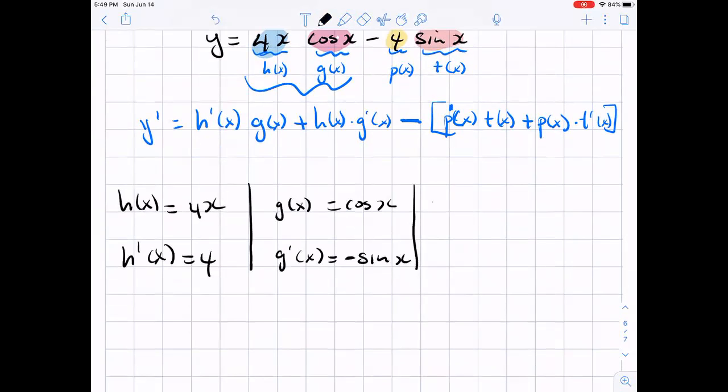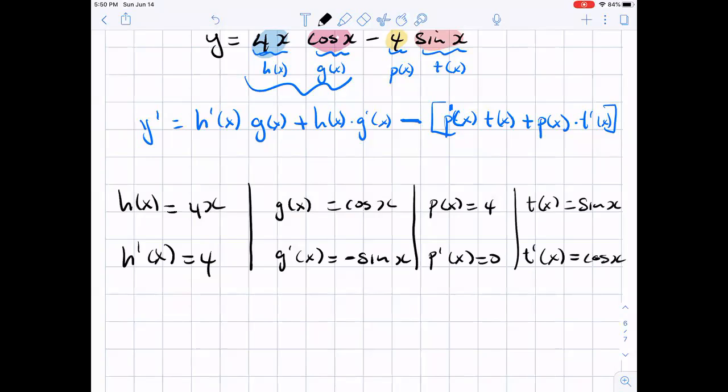P of x is equal to 4, so p prime of x is equal to 0. T of x is equal to sine of x, so t prime of x will be cosine of x. And then let's fill in each one of these things.